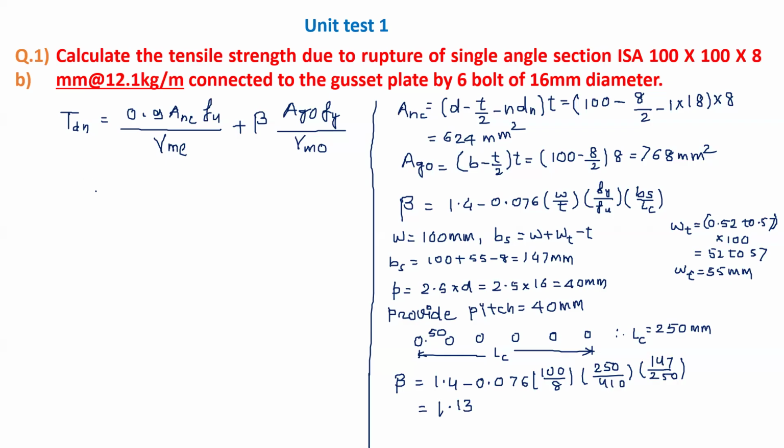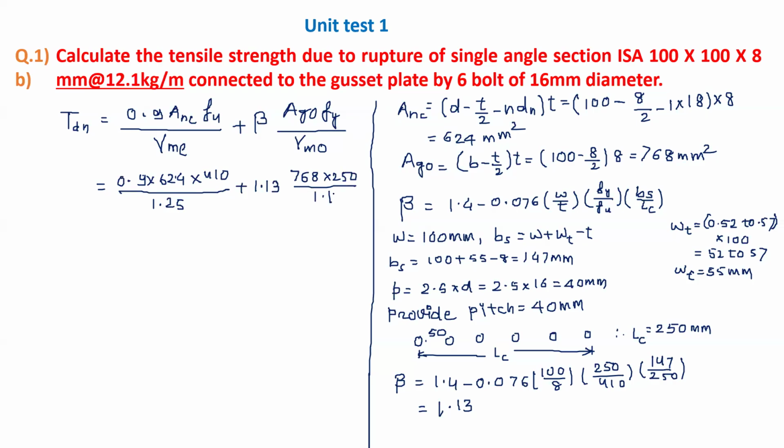And now put all these values in the equation of T_dn. 0.9, A_nc we have 624, into F_u we have 410, gamma_m1 we have 1.25, plus beta we have 1.13, A_go 768, F_y 250, gamma_m0 1.1.